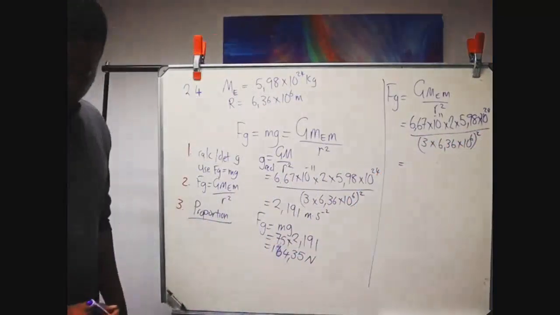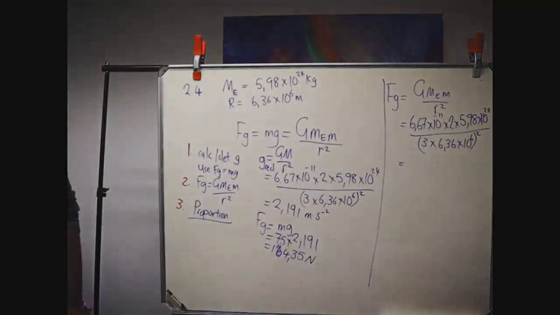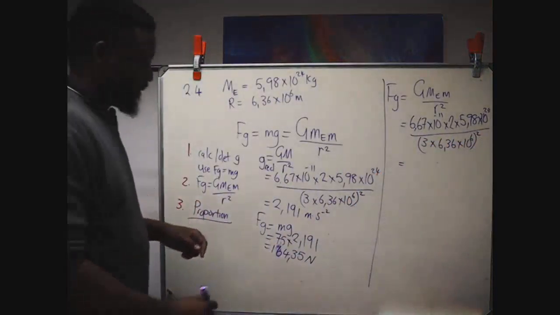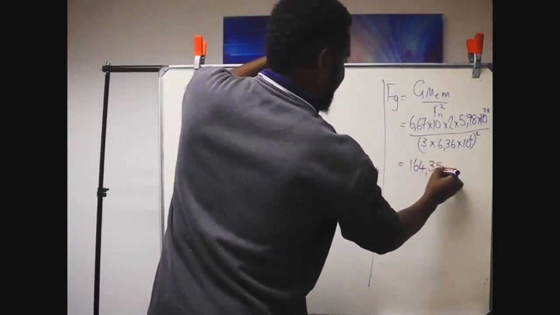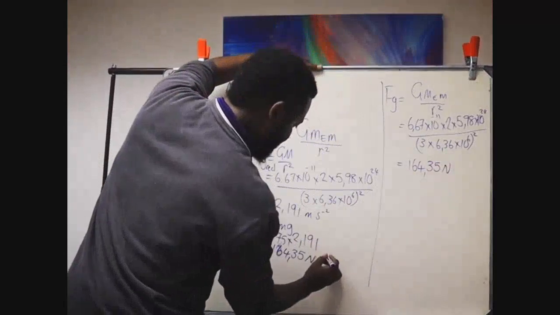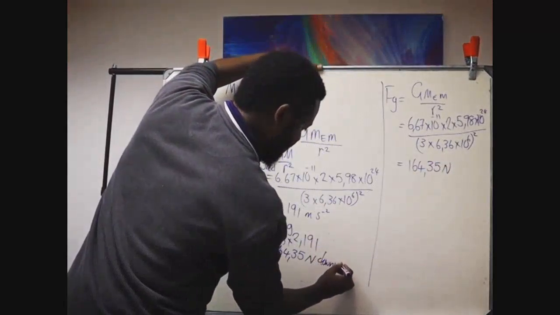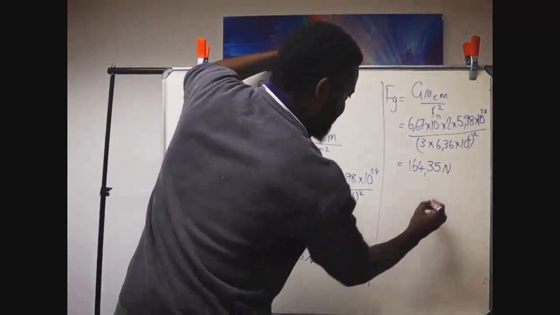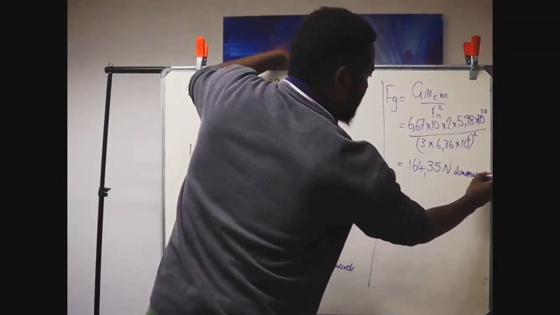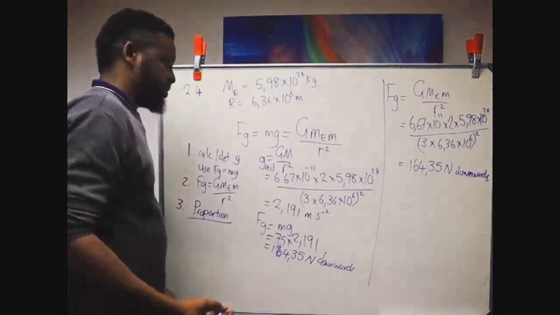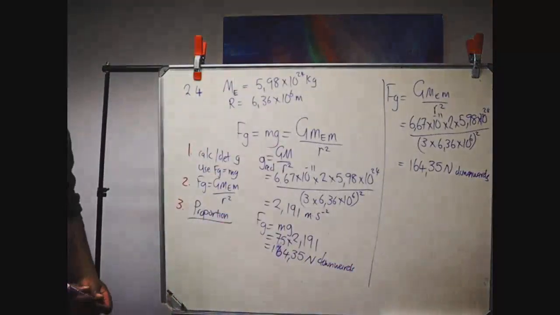I put that on my calculator, and it should give me that number there, 164.35 newtons, and in both cases it's downwards, because you're on the surface of the Earth, of that planet, so it's downwards.